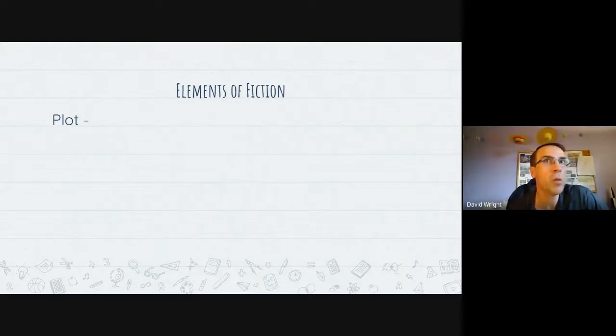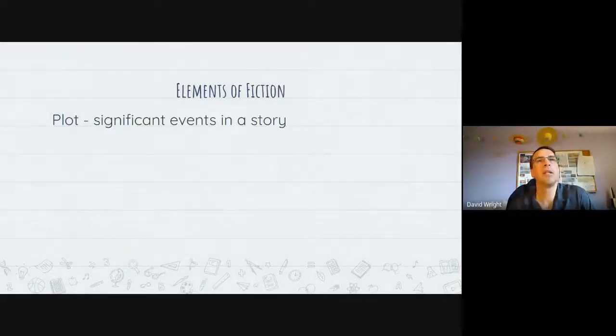Maybe you already know what plot means, or you think you know what plot means, but it is actually a very specific thing when we analyze fiction. So let's take a look. Significant events in a story. And I would underline the word significant. Not everything that happens in the story is plot. It's only the significant events in the story that are considered plot.